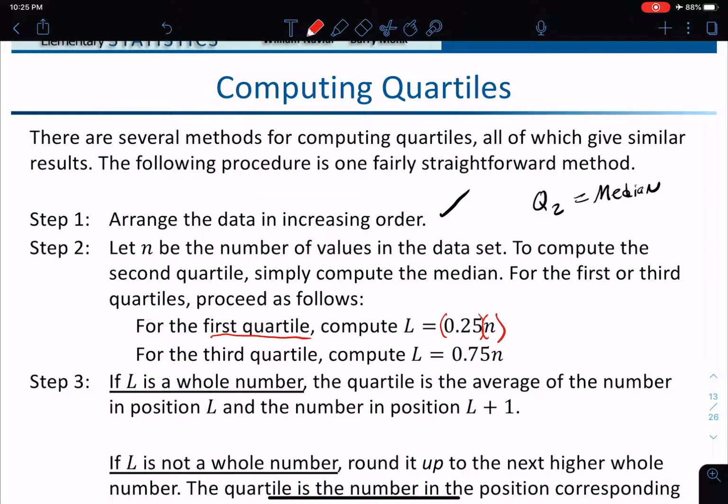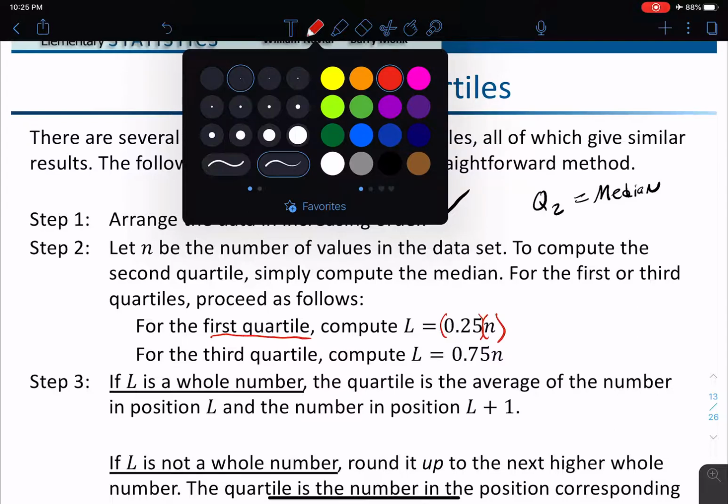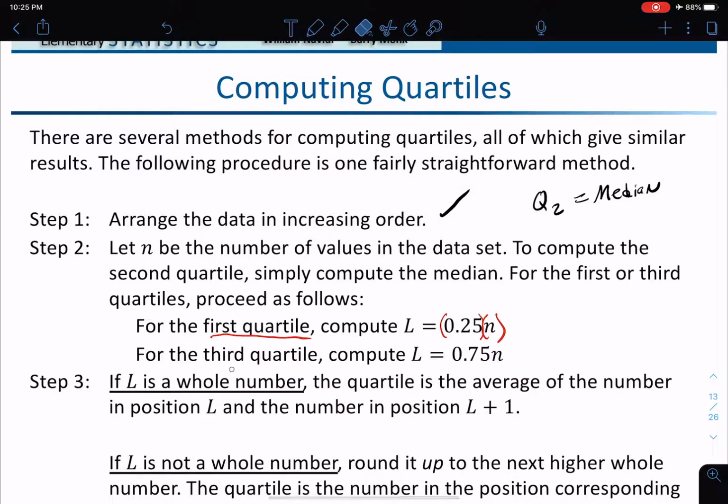When you're trying to find the third quartile, the third quarter in a dollar is 75 cents. So you're going to multiply 0.75, or 75 hundredths, times the number of data pieces that we have.